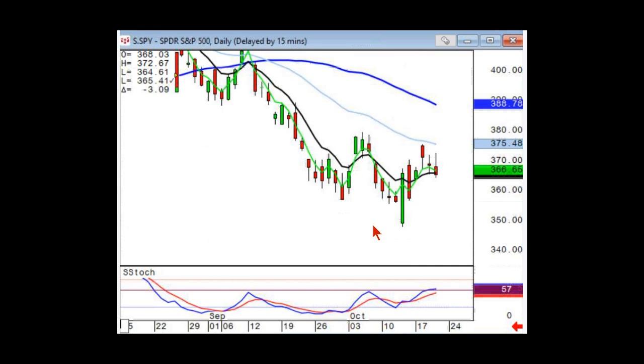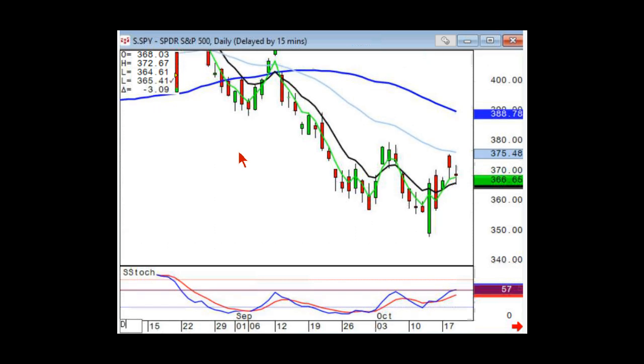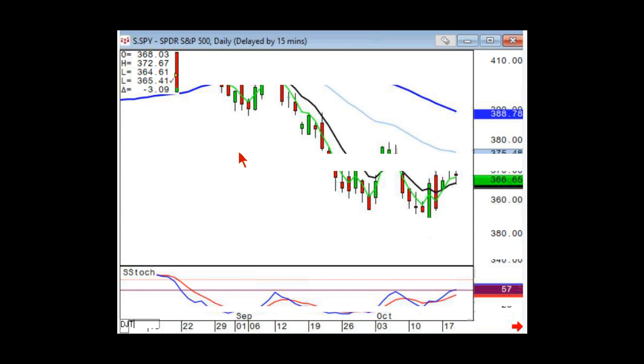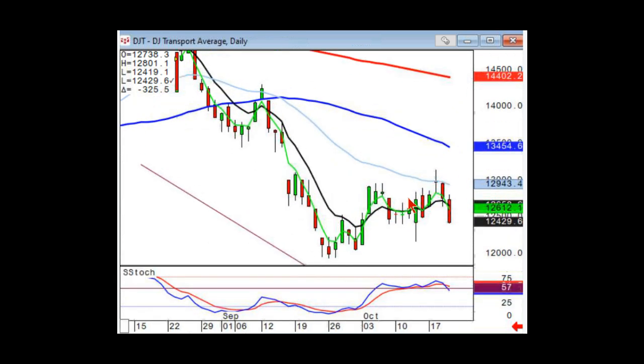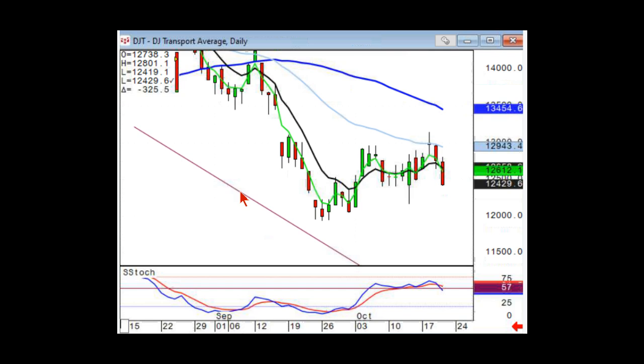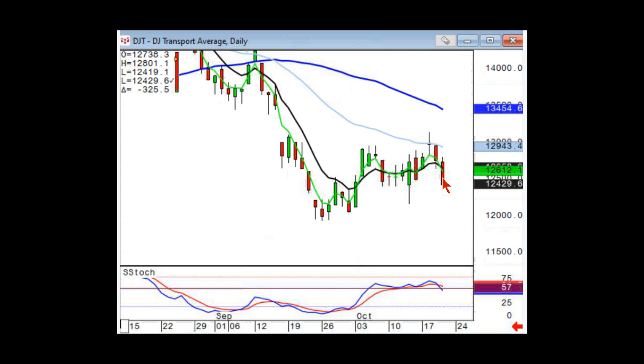What's that giving us in the analytical evaluation? That this downtrend is still maybe the most predominant factor. Then one more, there's your transportation index, closing well below the T-line.